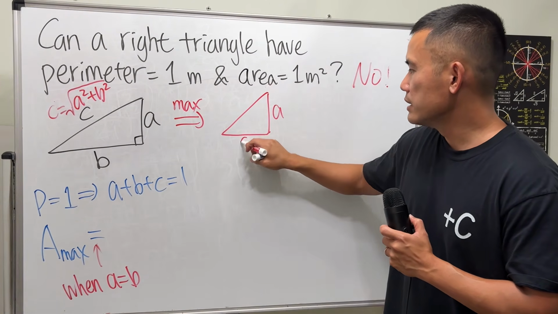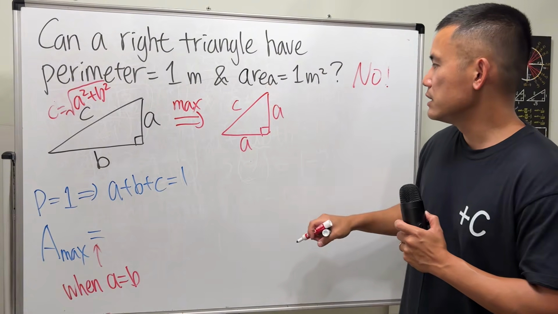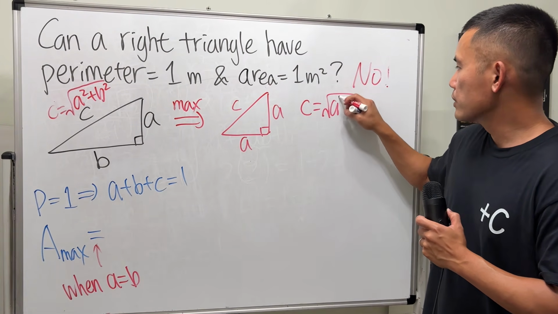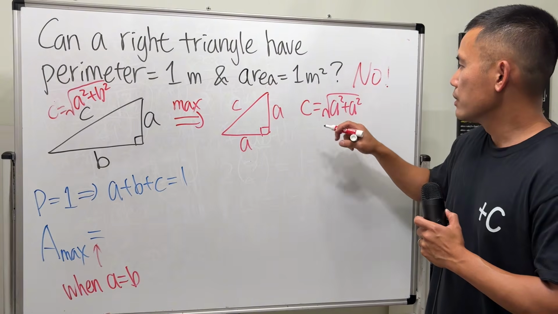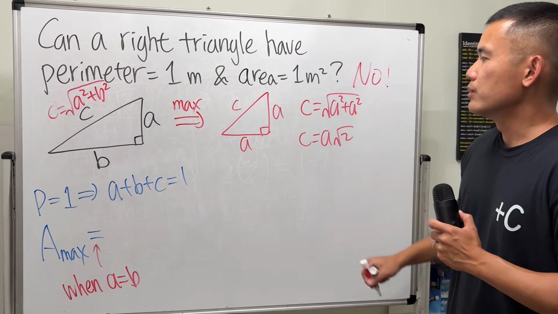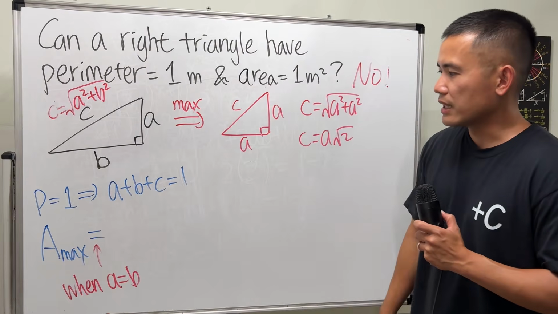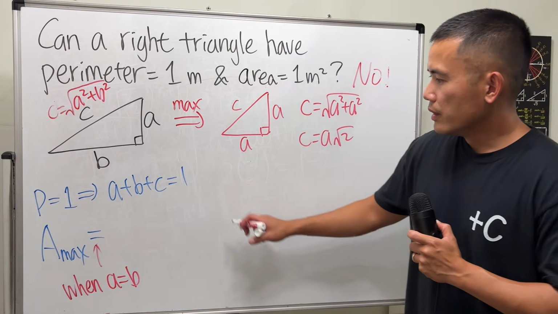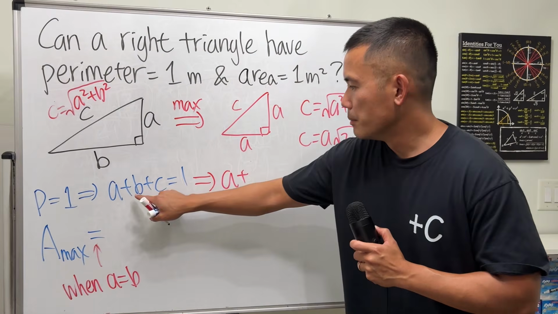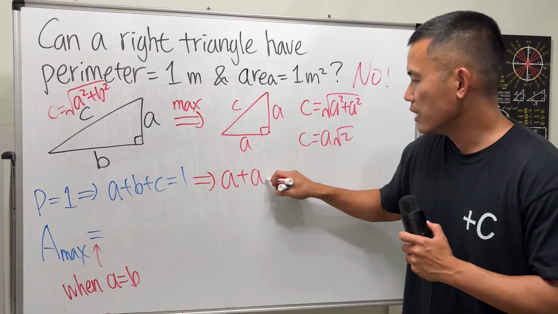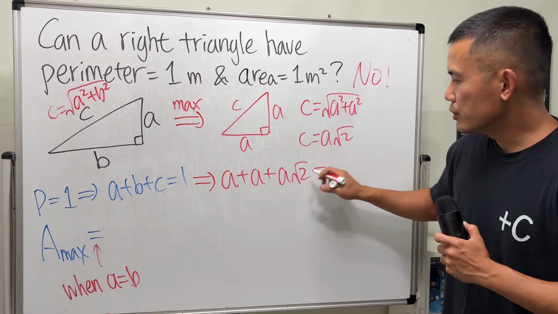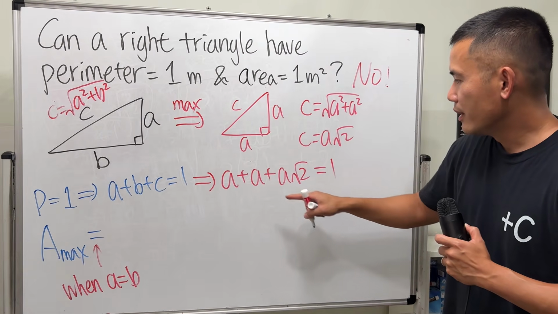So I'll just call this A and that's A as well, and this is still C. So that means C is equal to the square root of A squared plus A squared, which is just A times square root of 2. So this means A plus B is the same as 2A, and C is A square root of 2, and the total is equal to 1.